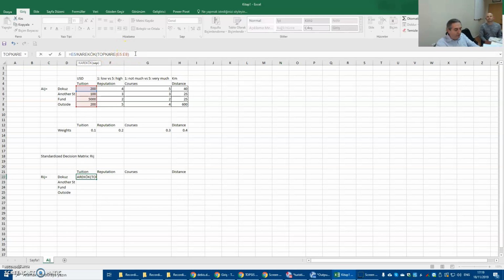Karekök of sum squared values, and square root function here, square root of sum squared value.